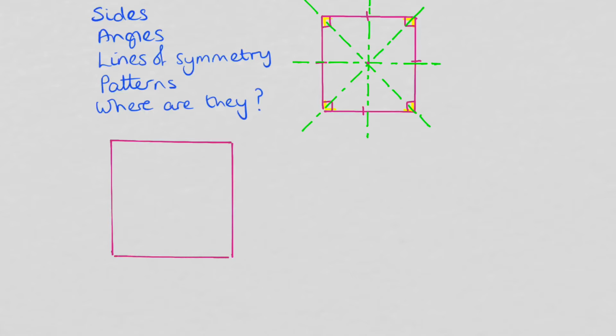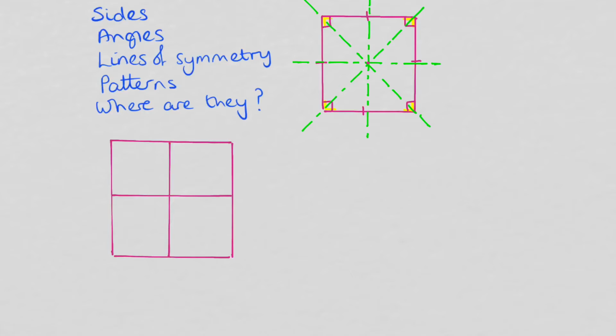Now we can make a pattern of squares within a square by, for example, if I just simply drew in a line there and a line there. Oops, sorry, a bit clattery. We can see we get 4 squares there, although I didn't measure it, so it's not being exact.